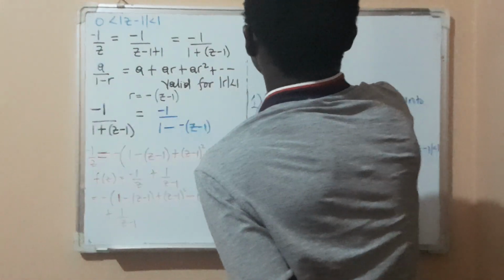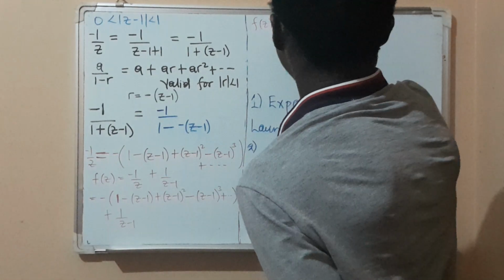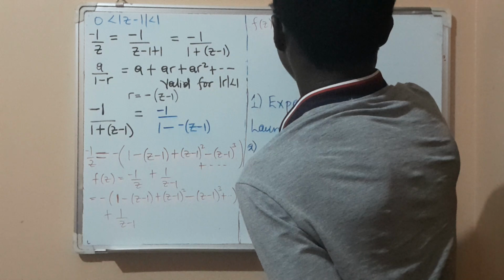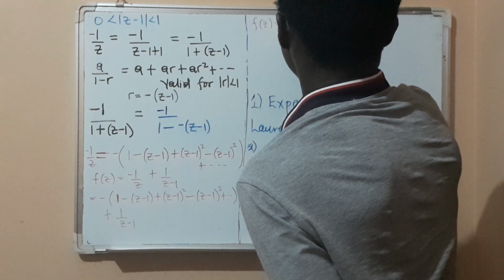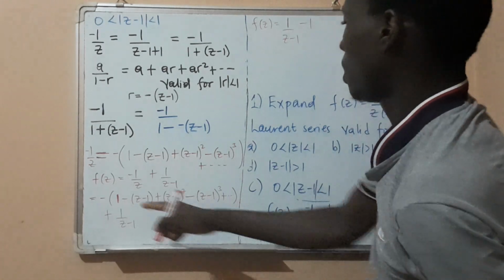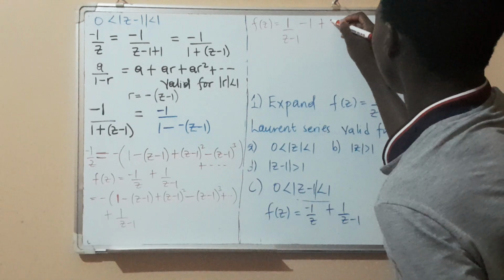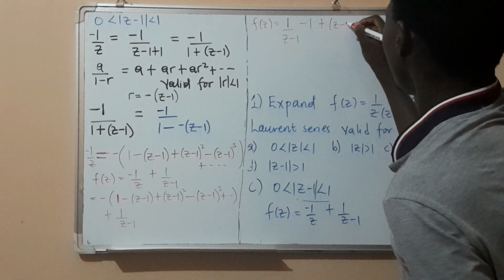So my function f of z is now equal to, I'm going to start with 1 over z minus 1, minus 1, and putting the negative inside, z minus 1.